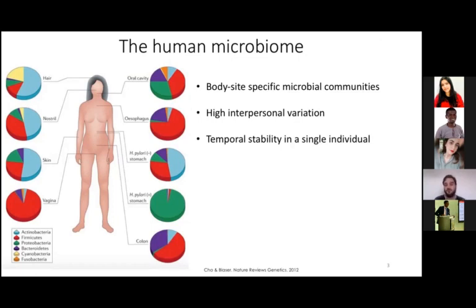We also saw from these studies that there is a high interpersonal variation, so the gut microbiome is going to be very different in different individuals. However, we do see a certain temporal stability within a single individual, meaning that over time you tend to have a more resilient and more specific gut microbiome, tailored to your specific body.